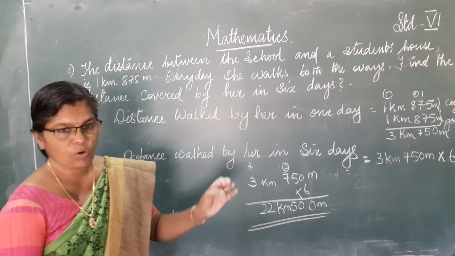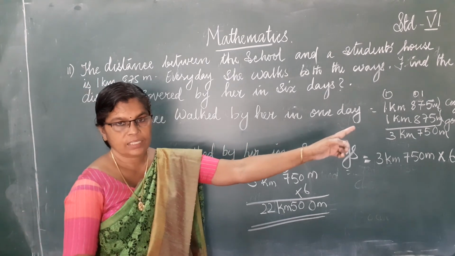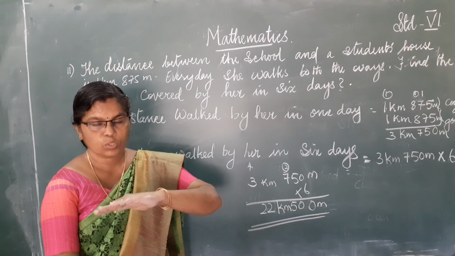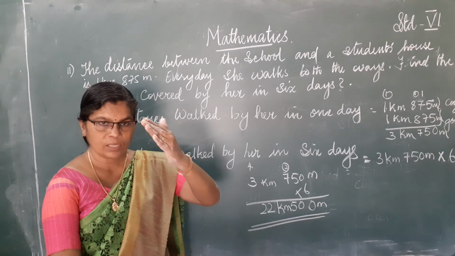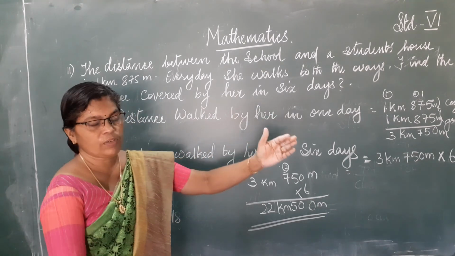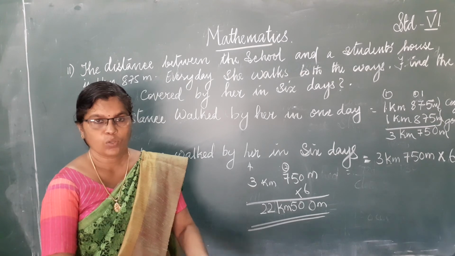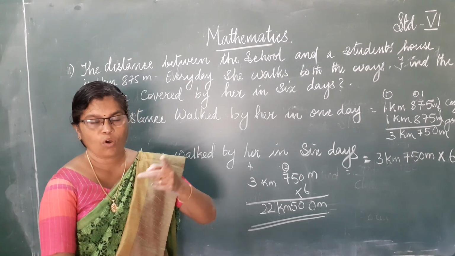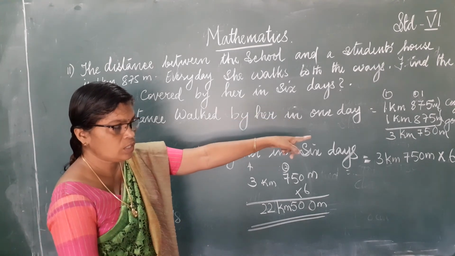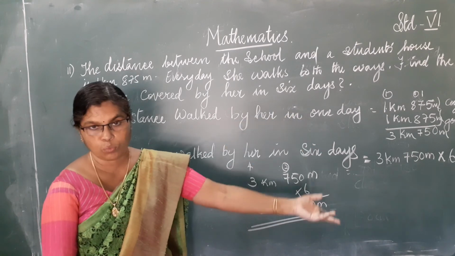Okay. So what we have to do? First we have to find for 1 day. Only the distance from her house to the school is given. But she has to come and go. While coming she has to walk 1 kilometer 875 meter, and while going also she has to walk that much. So in 1 day 2 times she has to walk 1 kilometer 875 meter. When we add both we get 3 kilometer 750 meter, otherwise you can multiply 1 kilometer 875 into 2.